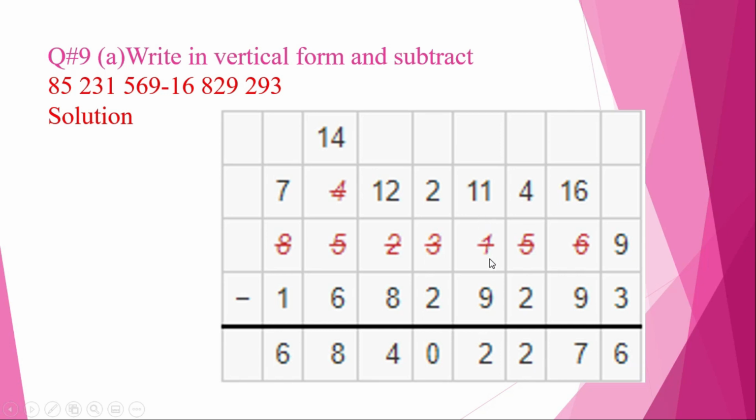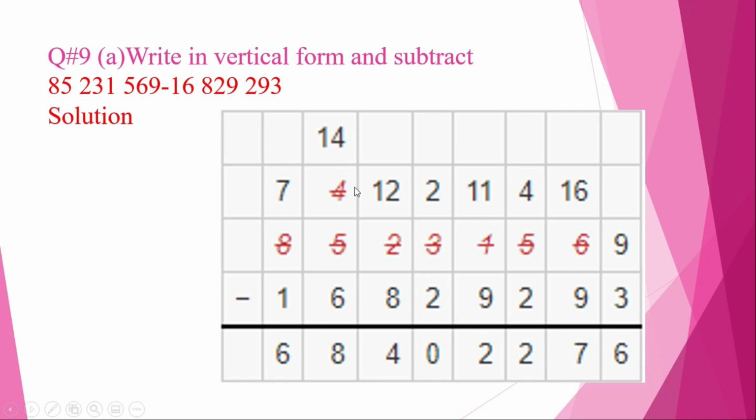Here is a 1, that is a smaller number, so we borrow from the 3 and it becomes 11. 11 minus 9 is equal to 2. Here it remains a 2, so 2 minus 2 is equal to 0. Here again 2 is less than 8, so we borrow from the 5 and it becomes 12. Now 12 minus 8 is equal to 4.